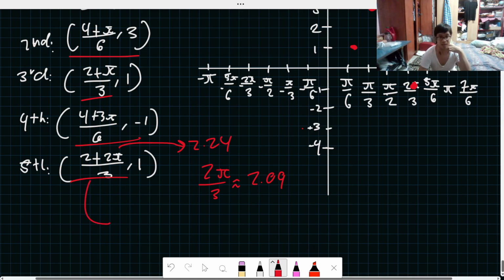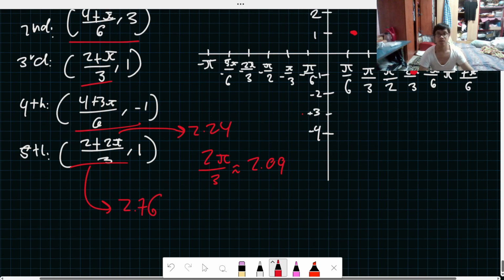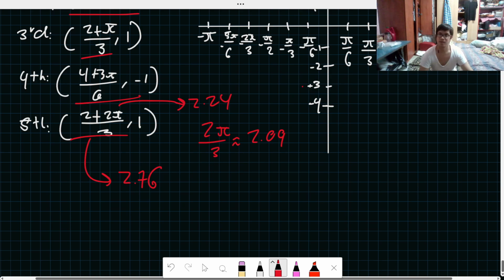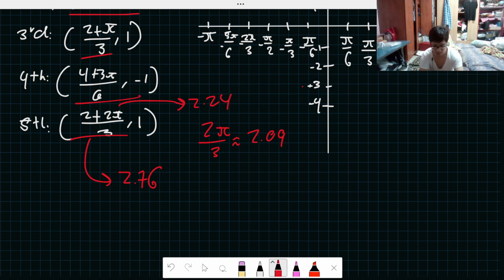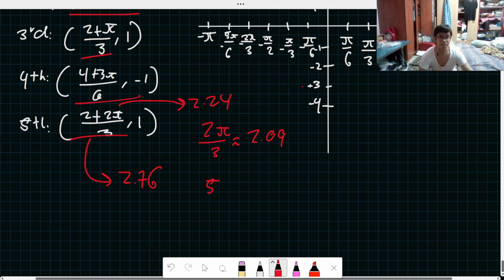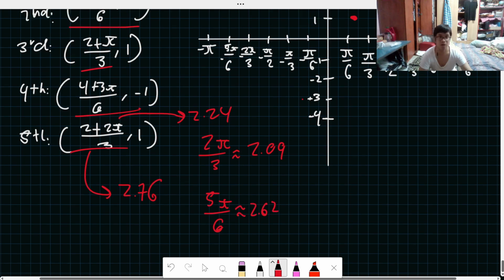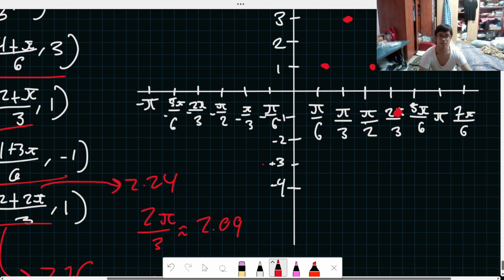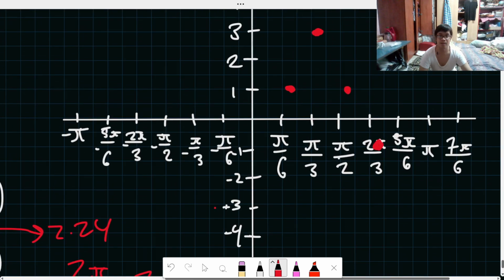So this one is 2.76. Once again, it's closer to 5 pi all over 6. Let me take a look. Yes, 5 pi all over 6 is approximately 2.62. So in here, we can just assume that... what's that again?